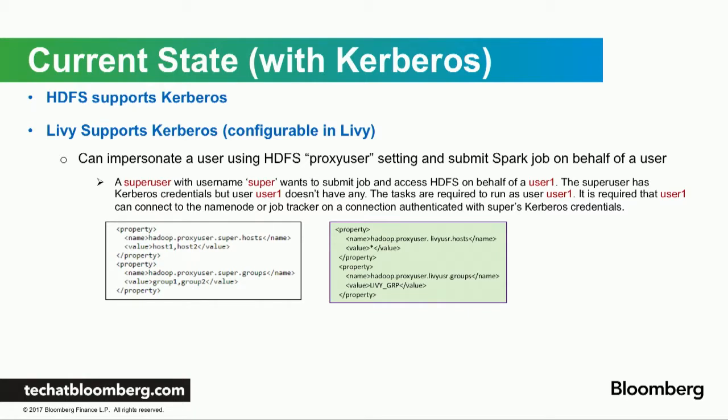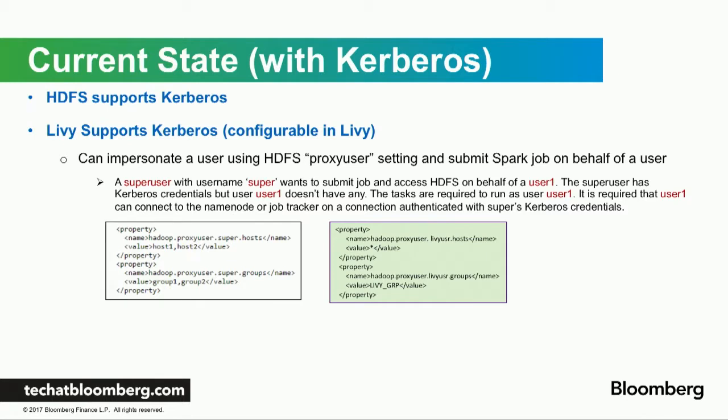A proxy user allows a super user to impersonate a regular user in HDFS or any other Hadoop services like Hive or Oozie, as long as the respective user is part of a super user group defined in the Hadoop configuration. The way you specify this configuration is in the core-site.xml file in the Hadoop deployment.